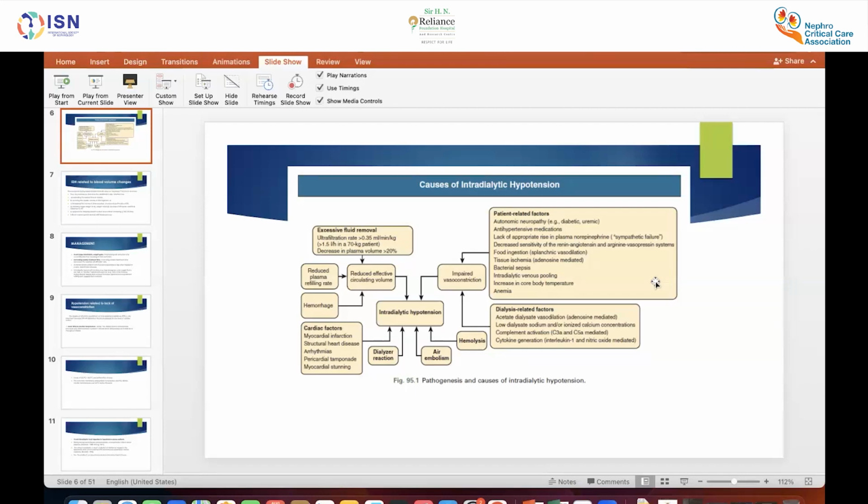But in children the brain to skull ratio is very high, so it is basically compressed. So the slightest amount of osmotic fluctuation can cause cerebral edema and more neurological issues. That's why we try to minimize that situation as much as possible, and mannitol is conventionally given in that scenario.